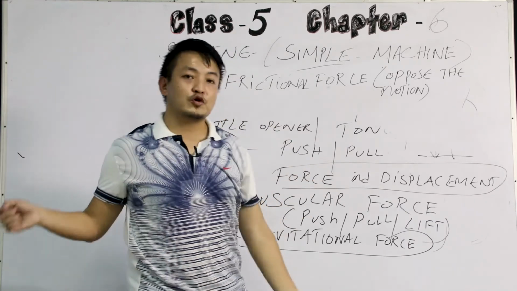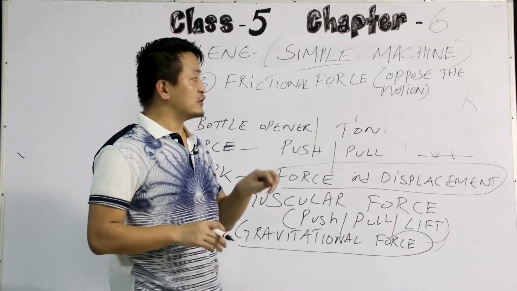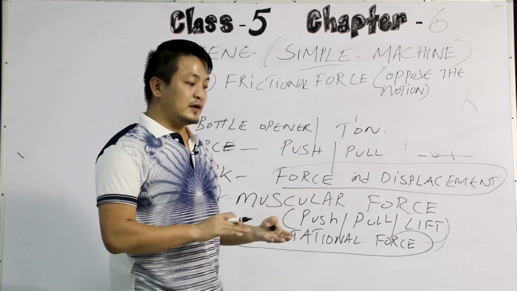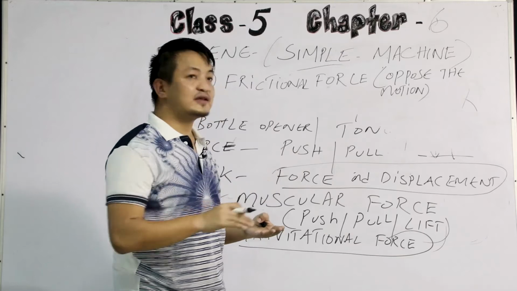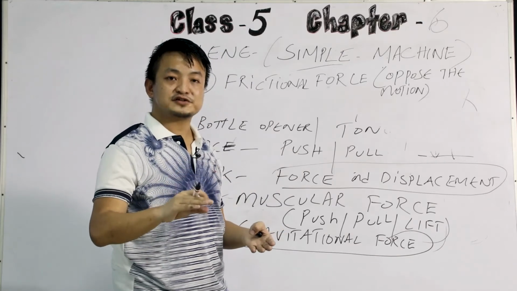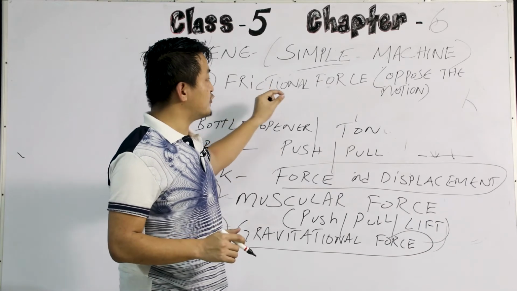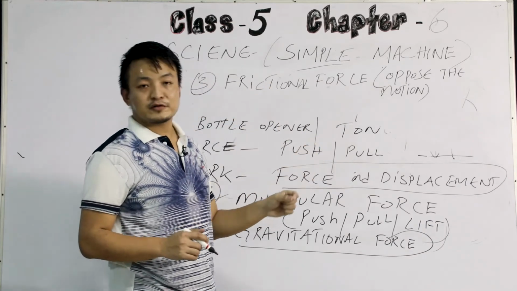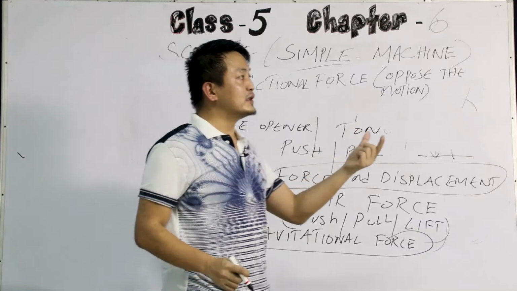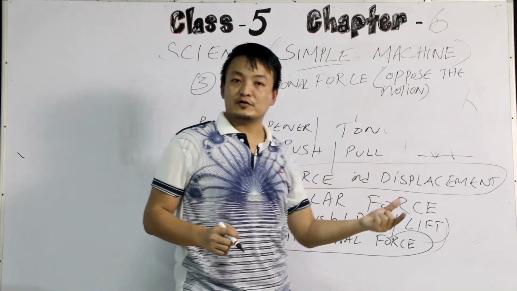Or suppose you throw a ball on a floor, at some point of time you will find the ball in a stationary position. In that case, you will find a frictional force between the ball and the ground. Even between the wheel, the tire and the ground as well.